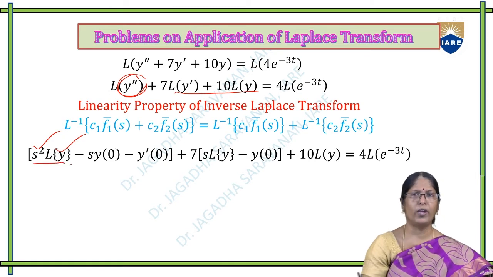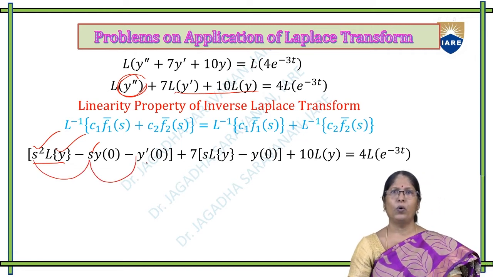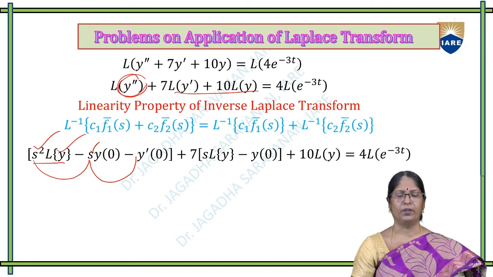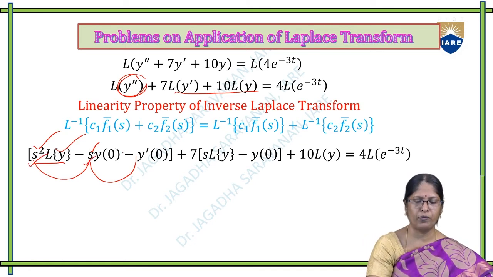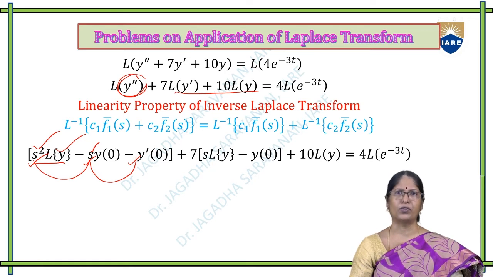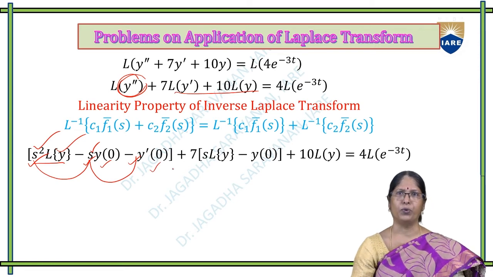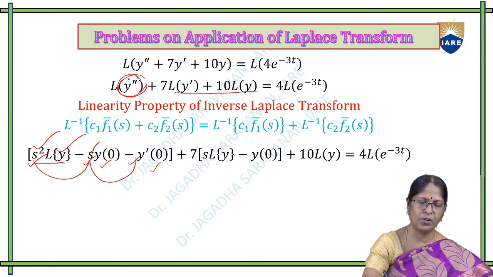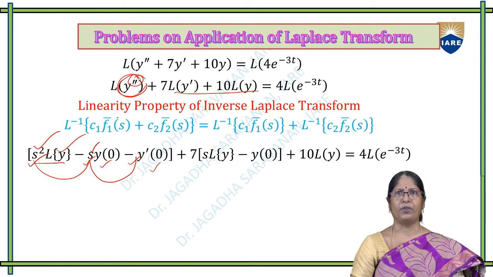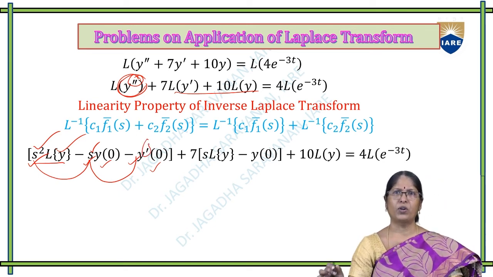So s squared L of y minus s y of 0 minus y dash of 0. If you notice, the power of s is going in decreasing order: s squared, s power 1, s power 0. S power 0 is 1, that's why it is not written, and y of 0, y dash of 0. If our question has a second derivative, then we will stop after the first derivative term. We can cross check it. These are the ideas.